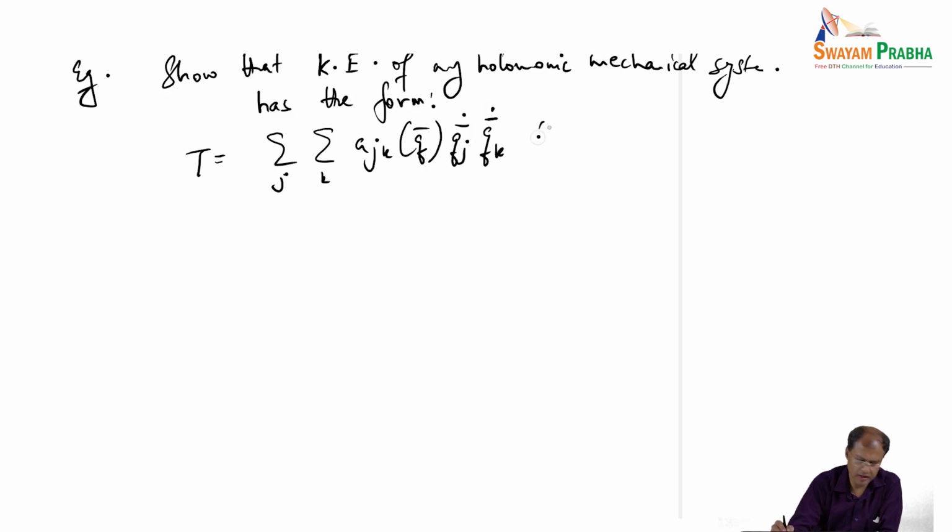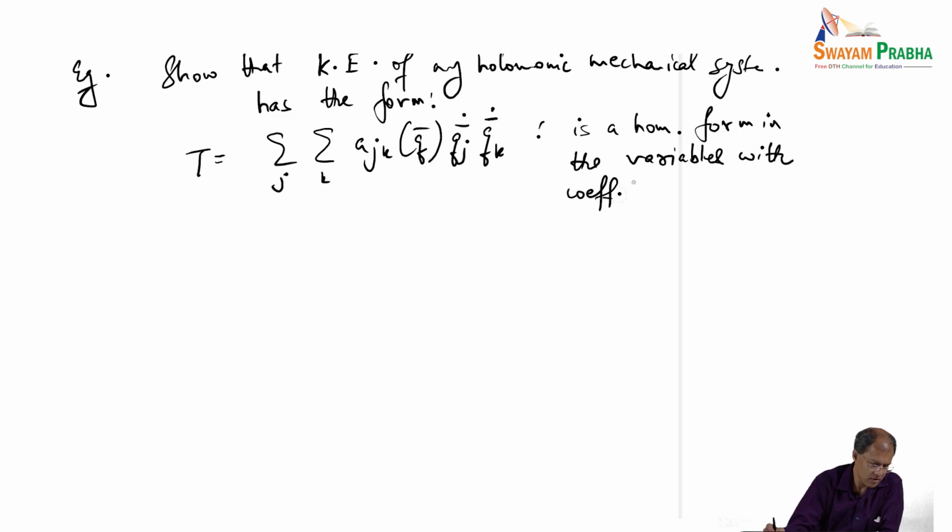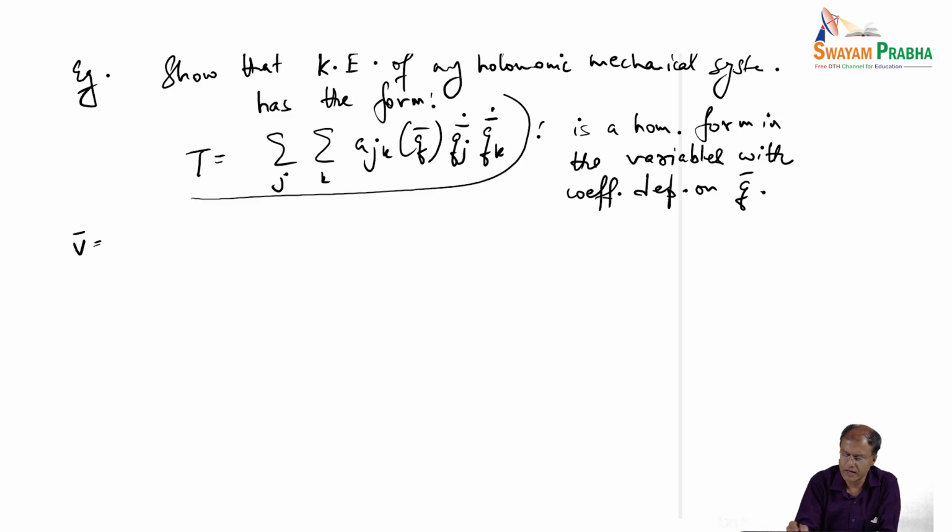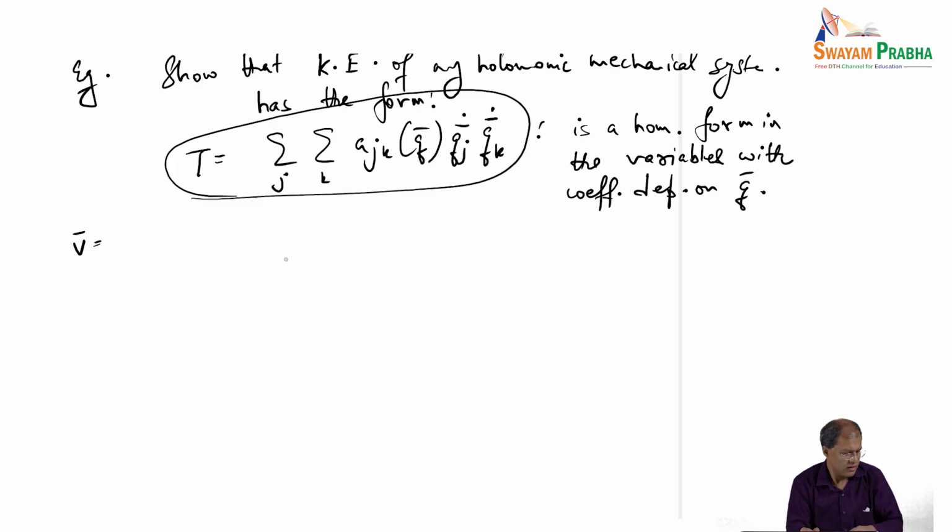This is a homogeneous form in the variables with coefficients depending on q. Okay, so now we are going to show that the kinetic energy has this form, right?